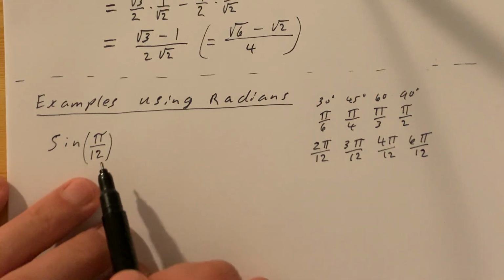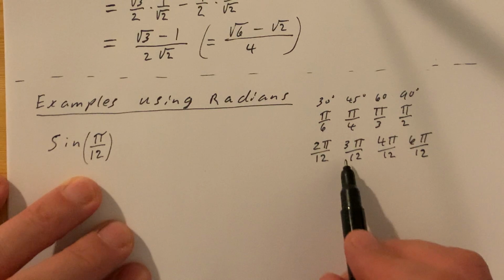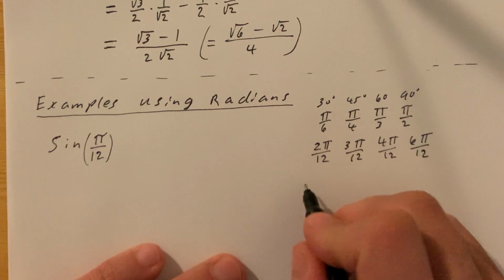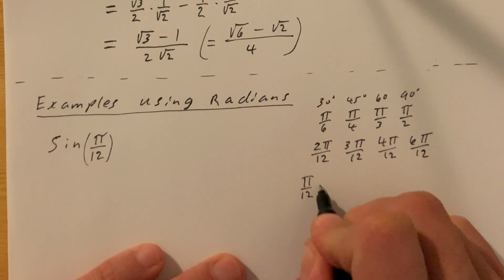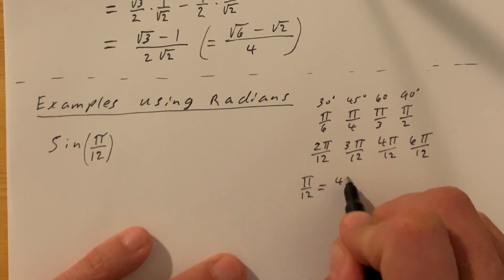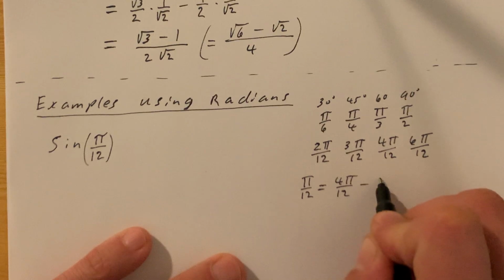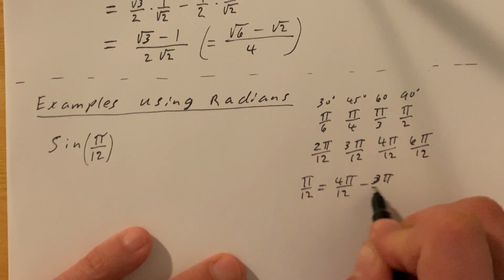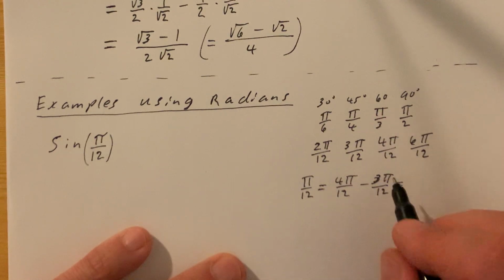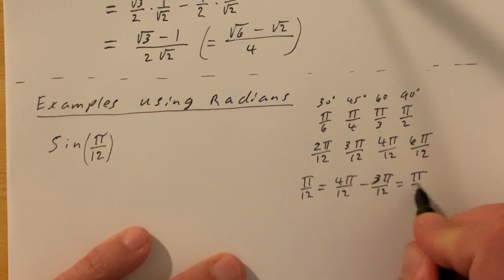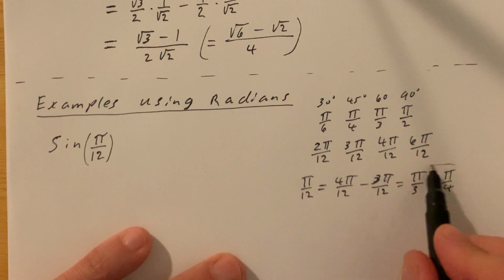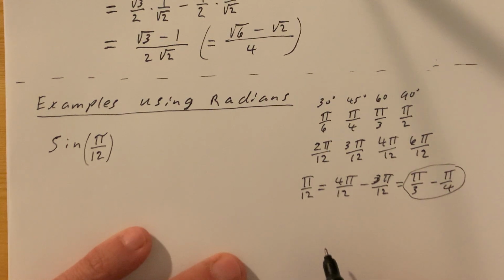Now, how can we get pi over 12 from any of these? Well, we've got pi over 12 equals 4 pi over 12 minus 3 pi over 12. Okay, so we can write that by reducing them as pi over 3 minus pi over 4. Okay, so pi over 12 equals pi over 3 minus pi over 4.